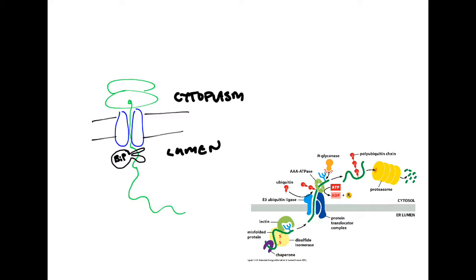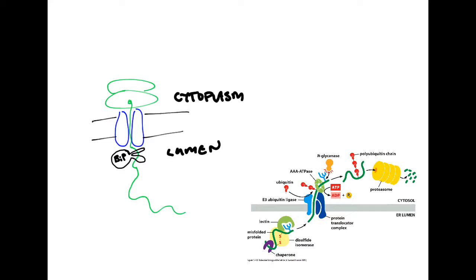The significance of that is that disulfide bonds form in the lumen and not in the cytoplasm. The reducing environment in the cytoplasm promotes sulfhydryls, whereas the oxidizing environment in the lumen and extracellular space promotes disulfides. So those are going to be actively formed about this same time as well.